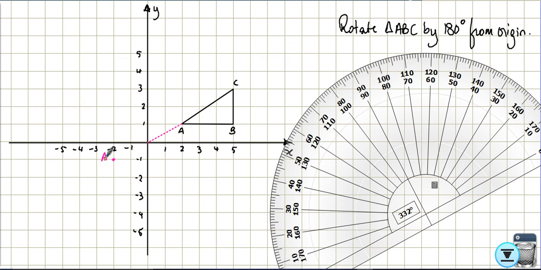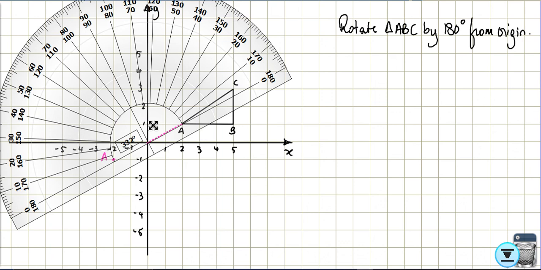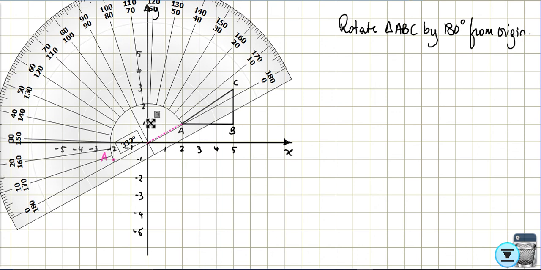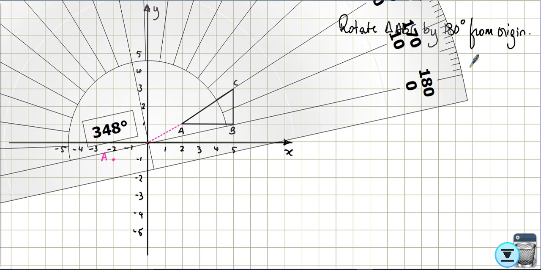That is A. Let's not make mistakes. I'm going to do the same thing for B and the same thing for C. So now I'm going to move this. Okay, rotate until the 0 lies on B. Let's see what happens when B is rotated. I'm going to enlarge this. B is going to be rotated by 180 degrees.